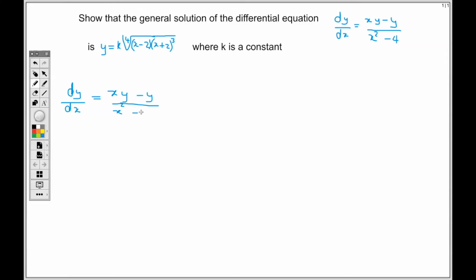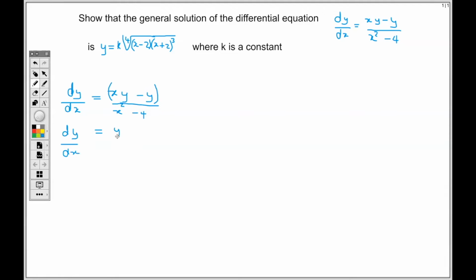Now, in the numerator, you can see that I have y being common. Also, you're seeing that I can separate the variables. So that's why I've identified that y is common. I'm going to factor out y. So I have dy over dx. I am going to do separation of variables.